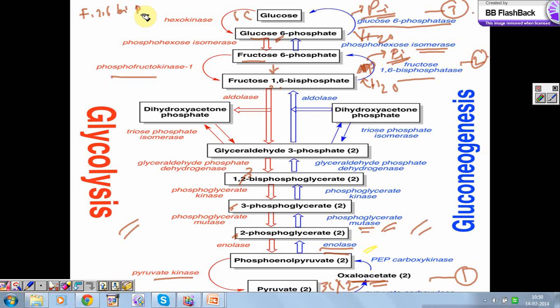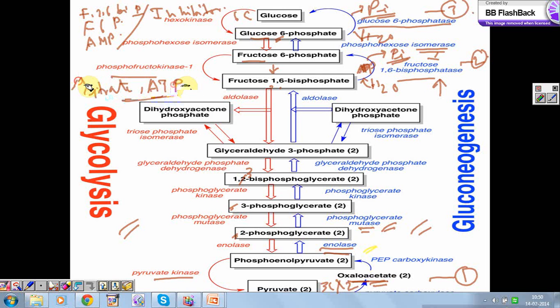This is one of the molecules that inhibits this enzyme, and fructose 6-phosphate and AMP also work as inhibitors. Now there are some more molecules which activate this enzyme. Those are citrate and ATP. So these are the activators.